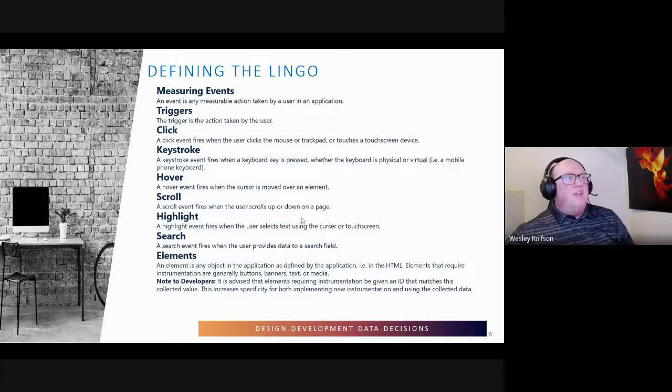And then elements is the next thing. An element is whatever you're interacting with. So that could be the search bar, it could be a menu, it can be a button.